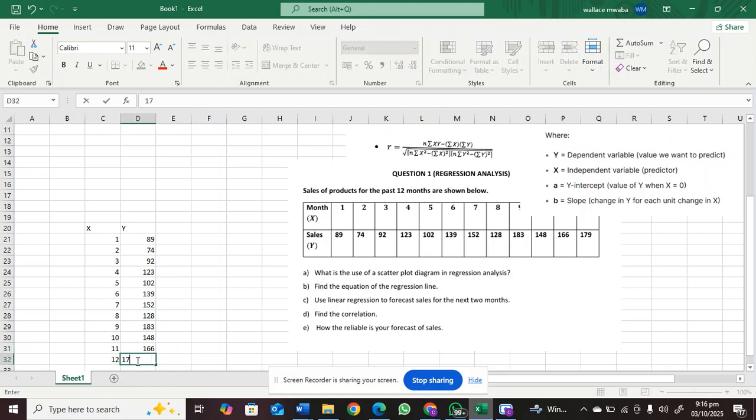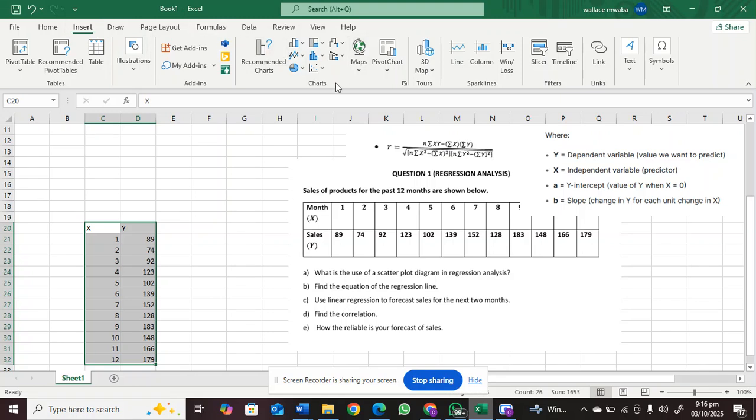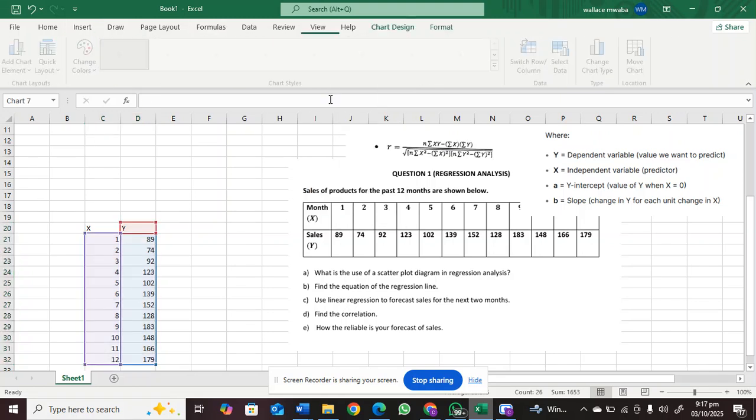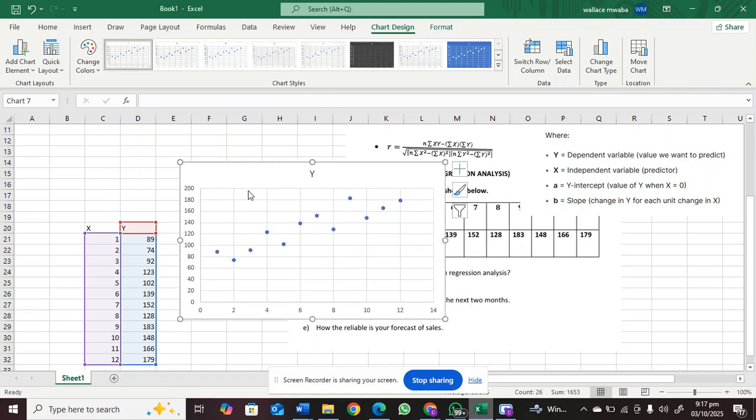Let's put our variables there and see the scatter plot so we can visually see this relationship. Colleagues, have you seen this? If you plot this graph, this is the type of scatter plot diagram you're going to see.